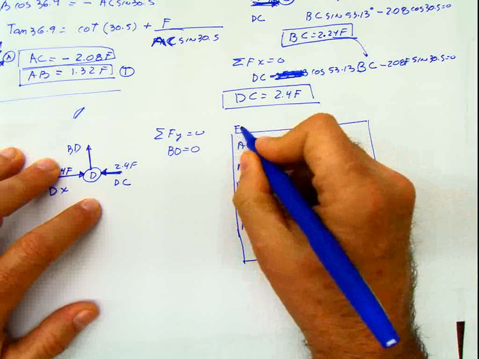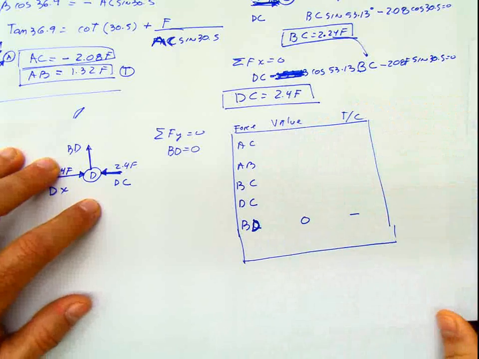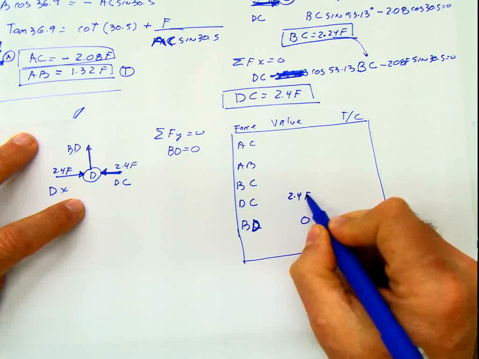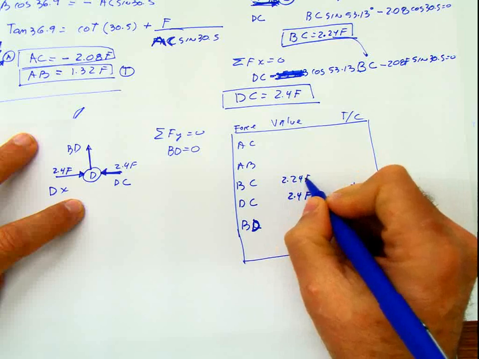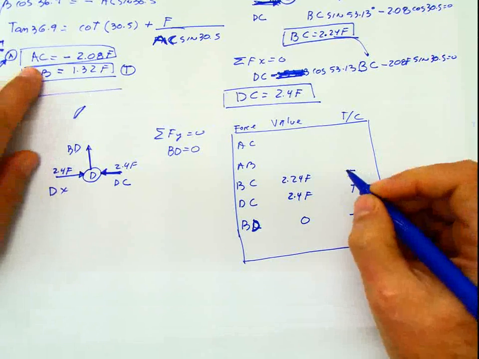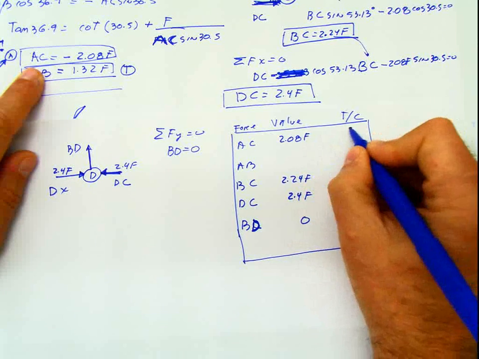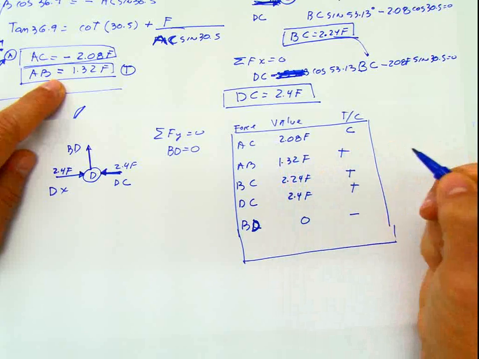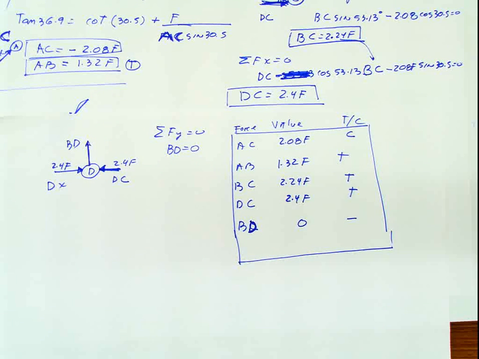So this is going to be the force, the value, and if it's tension or compression. Then we have DC 2.4 F tension, BC 2.24 F tension, AC 2.08 F compression, AB 1.32 F tension. Why tension compression? Because sometimes you can have materials that behave differently to tension and compression.